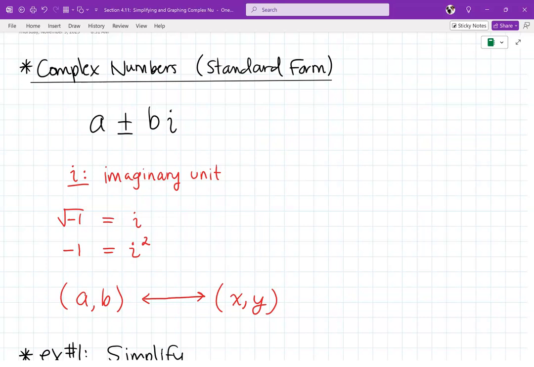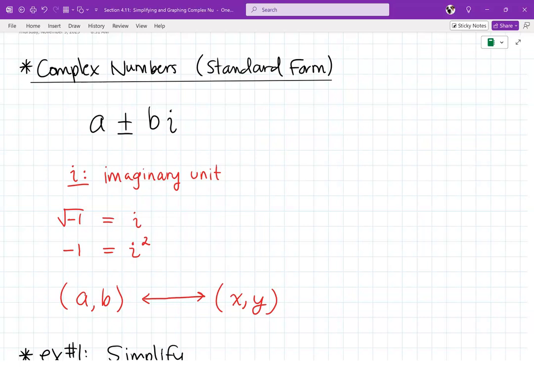They're going to ask us later on to graph these things, right? Graph this complex number. So we're going to want to rewrite it as a point, and that point is basically (x, y). Our (a, b) comes from that complex number.